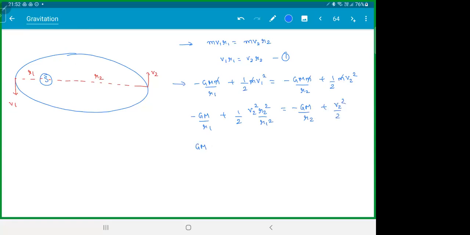So this is GM, 1 by R2 minus 1 by R1, so R2 minus R1 by R1 R2. This side, V2 square by 2 common, R2 square by R1 square minus 1. It will be R2 square minus R1 square by R1 square.